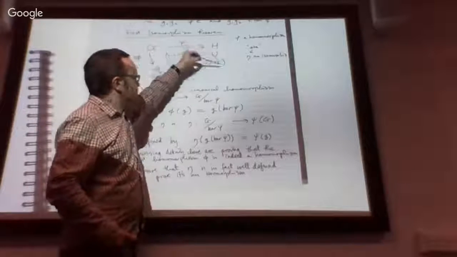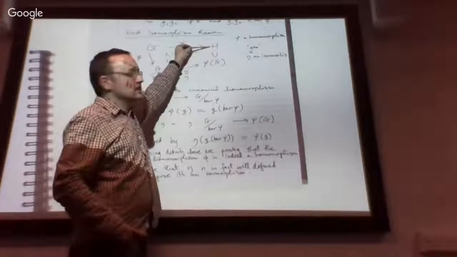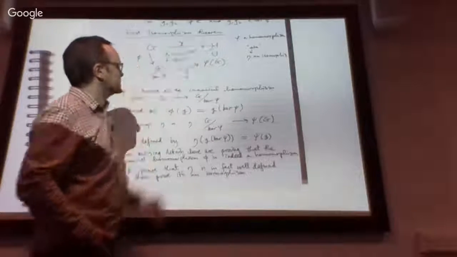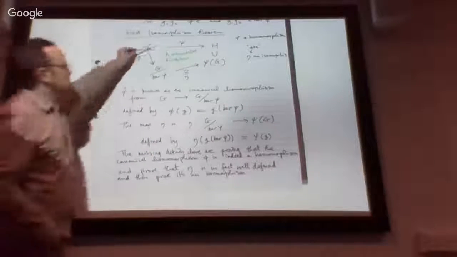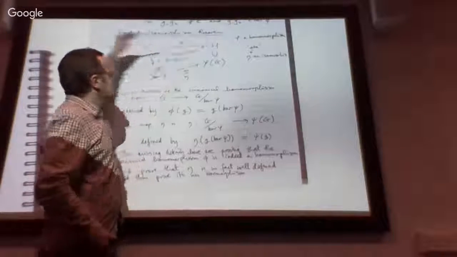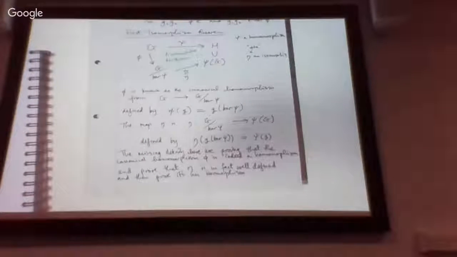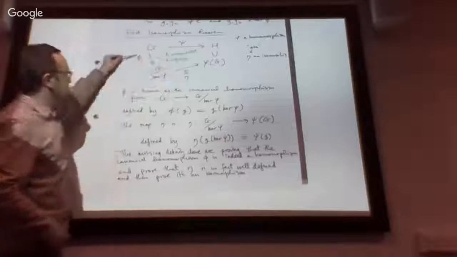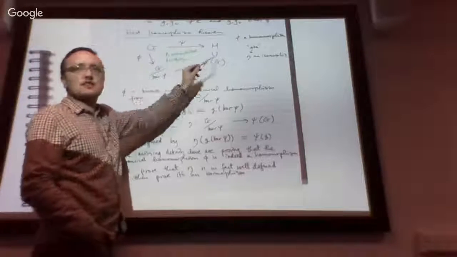I wouldn't call the kernel a fourth different object because it is a subgroup within G, a subset of this set. So you've got these three groups, and these mappings: psi going across the top, phi coming down here, and eta going across here.